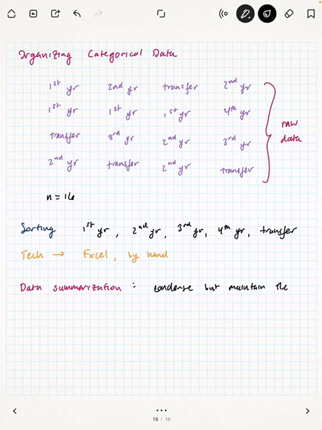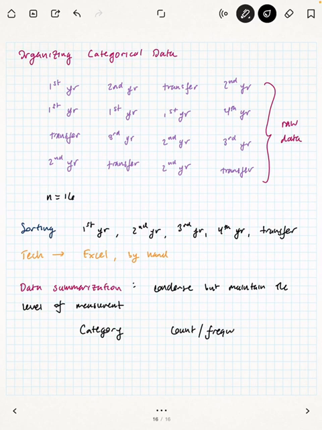So the ways that we can do this, one common way is to use a table. And the way that we can use a table is we can count how many of each distinct kind of label there are. So let me illustrate, and then we'll get into what each one means.